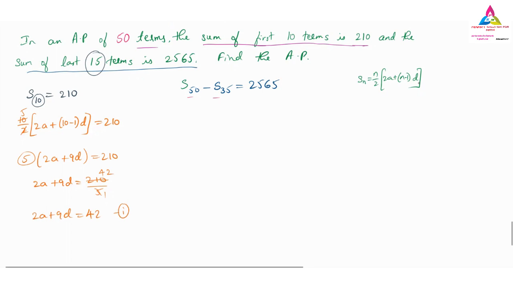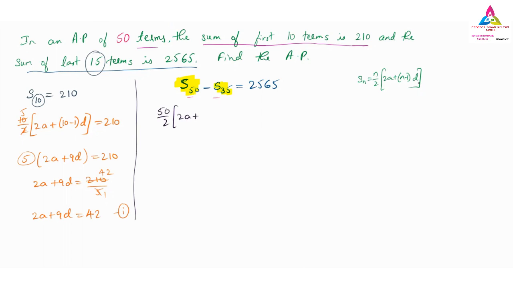It is like a linear equation. Go for the next. But in this case, you are not going to have only one Sn formula. You will have two Sn formulas, one for S50 and one more for S35. So it will become 50 by 2 into 2a plus n minus 1, n value is 50, so 50 minus 1 is 49d.